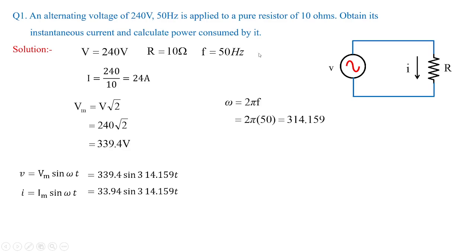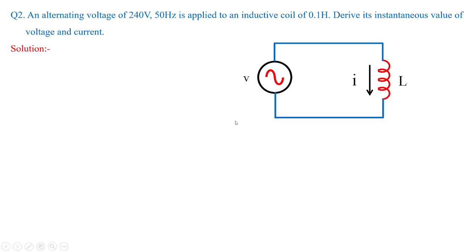This value is given as 50 for frequency f, and this calculation leads to the power consumed by the resistor as 5760 watts. Now the same problem, you take an inductor with the Henry value as 0.1.